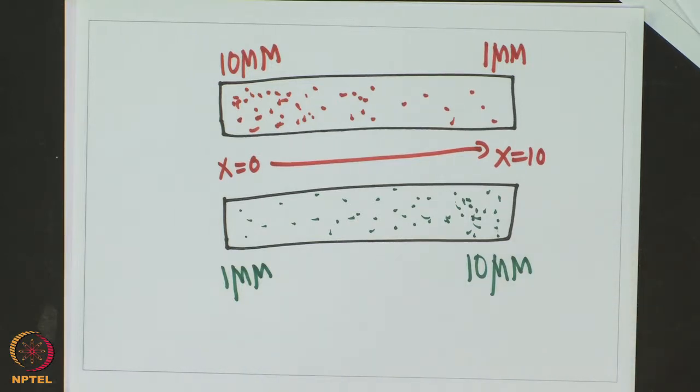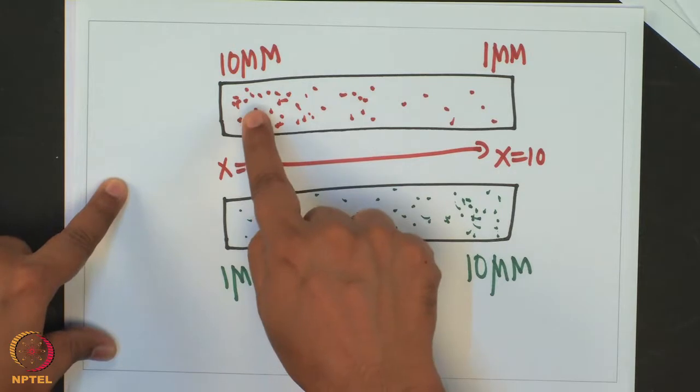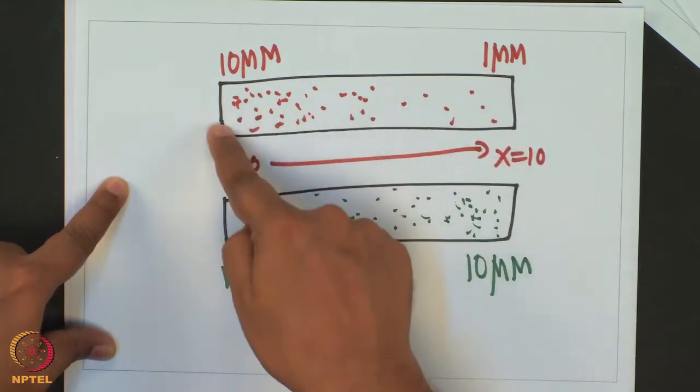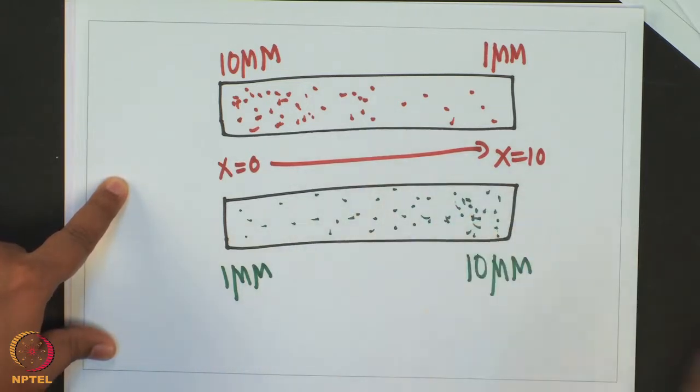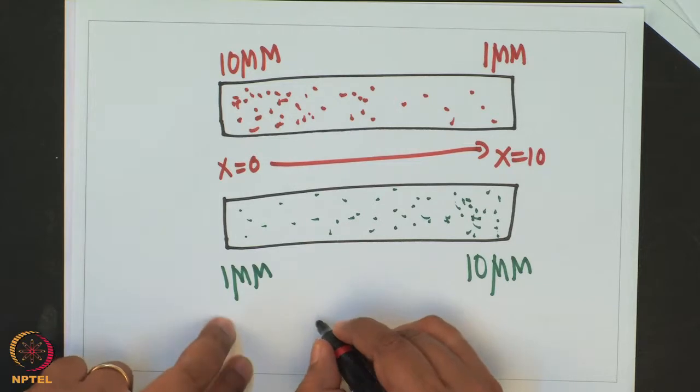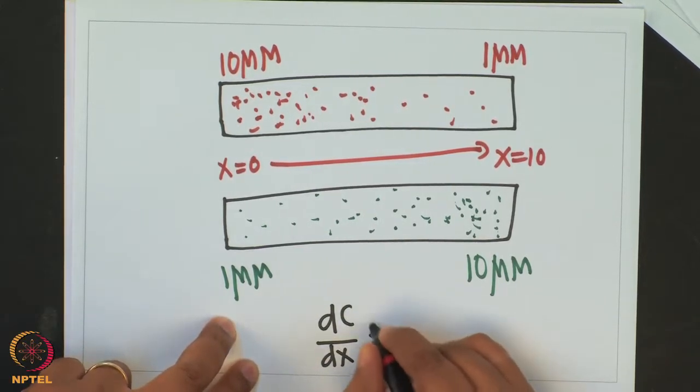So to represent this and this differently, one would want to have a vector sign. Here the concentration is increasing this way, while here the concentration is increasing this way. To represent this mathematically, one could write dc by dx x cap.